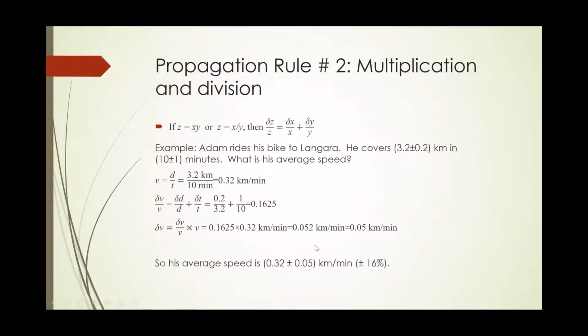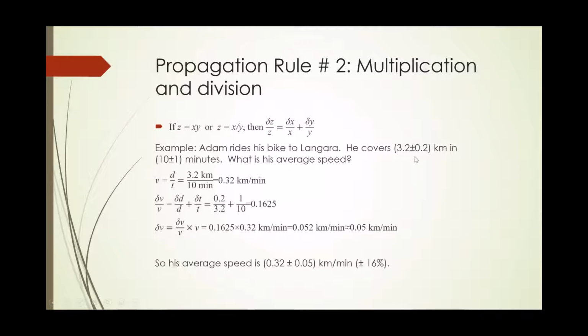Propagation rule number 2 applies for multiplication and division. The relative uncertainty of the result is the sum of individual relative uncertainties. You know it cannot be the absolute uncertainty because look at our example. Adams rides his bike to Langara.